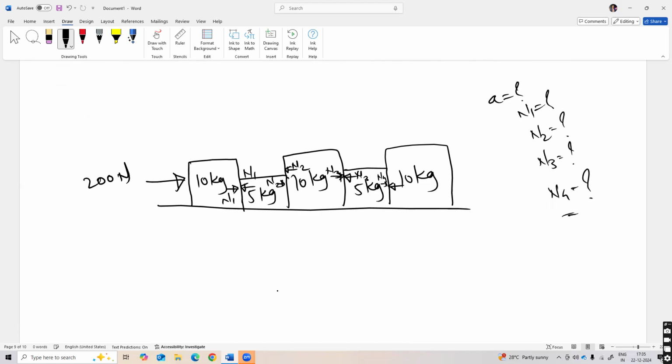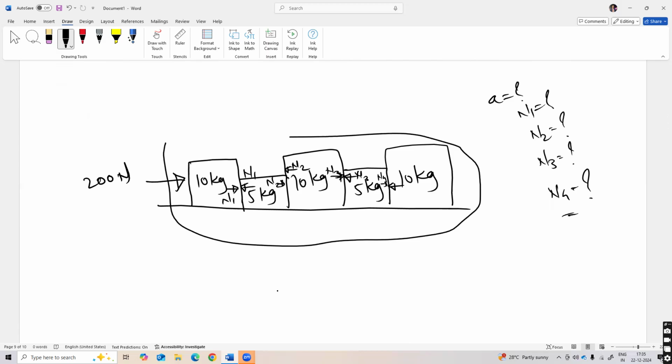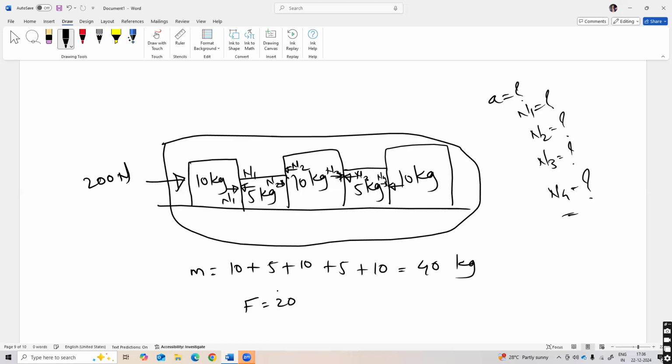Okay. So in this case also, consider the whole as a system. In this system, the total mass is 10 plus 5 plus 10 plus 5 plus 10, so it is equal to 40 kg total mass. And the net force is acting towards the right, and it is equal to 200 newtons.